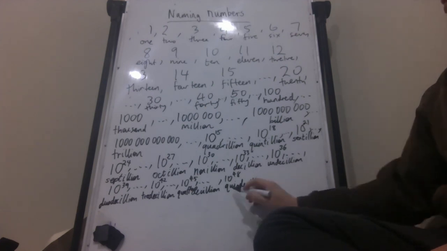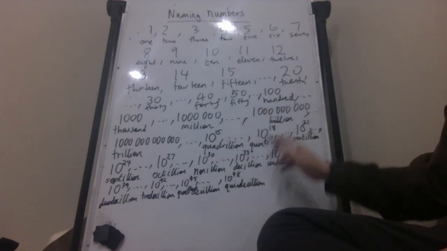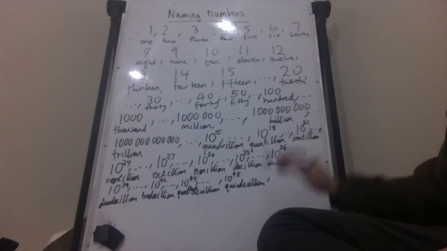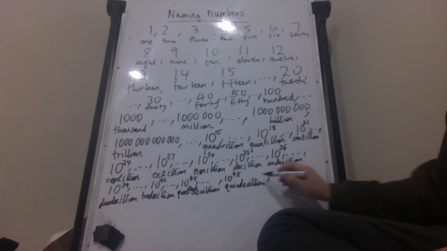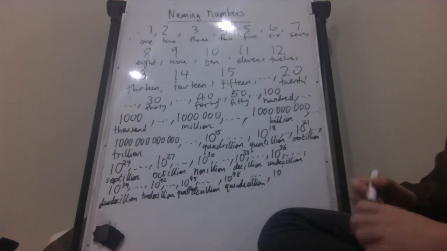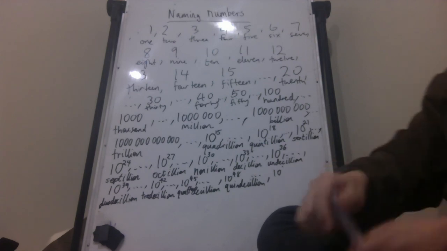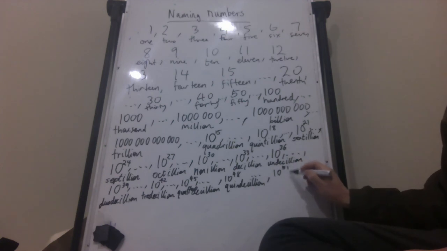See, quintillion, yeah, because that means 5, remember? So now we have quindecillion, okay? So the next one should be like sextillion or 51 zeros, right? 51, yeah.